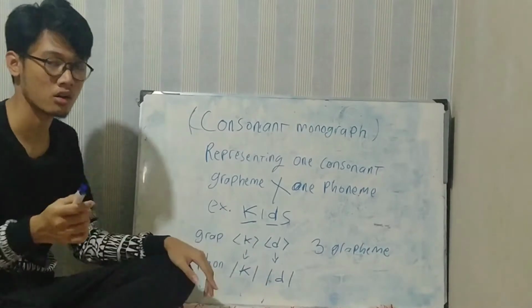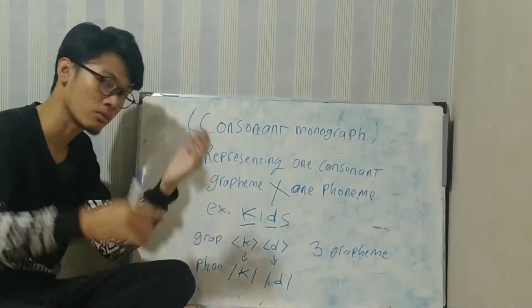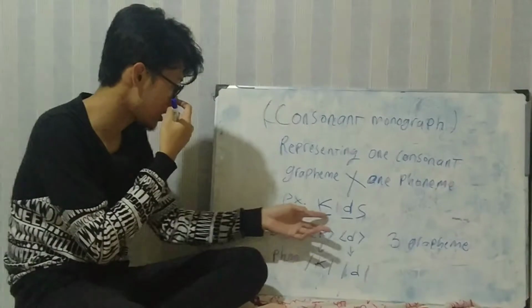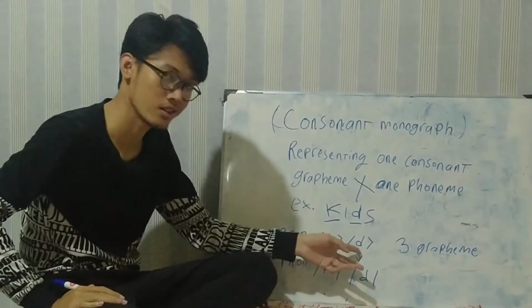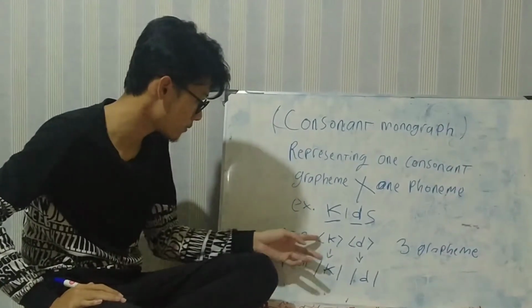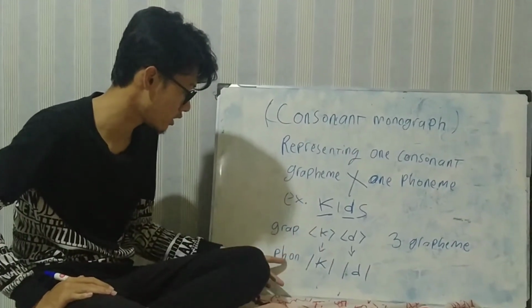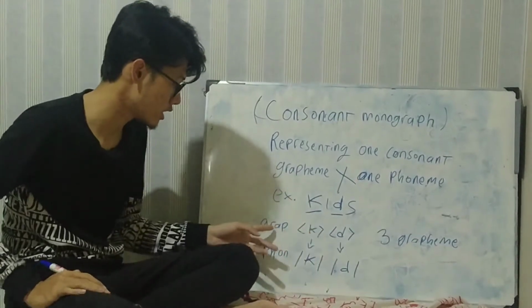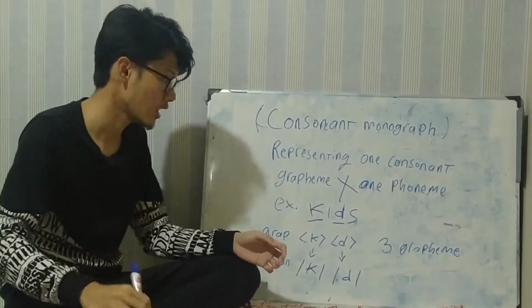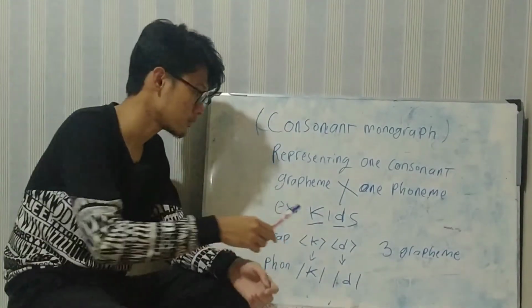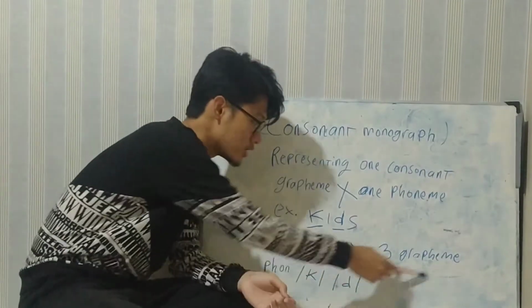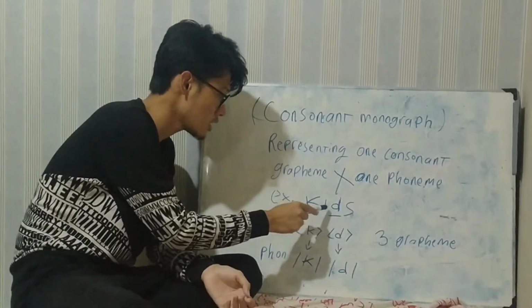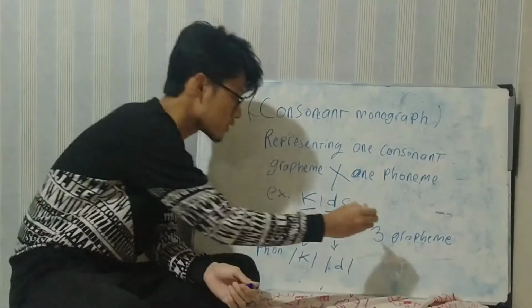Both of them are consonants. K is grapheme K, which creates the phoneme K, as well as D. So there is one grapheme and one phoneme, and it's all about consonants. It contains four graphemes, because K, I, D, and S. Four. I'm sorry, this is four.